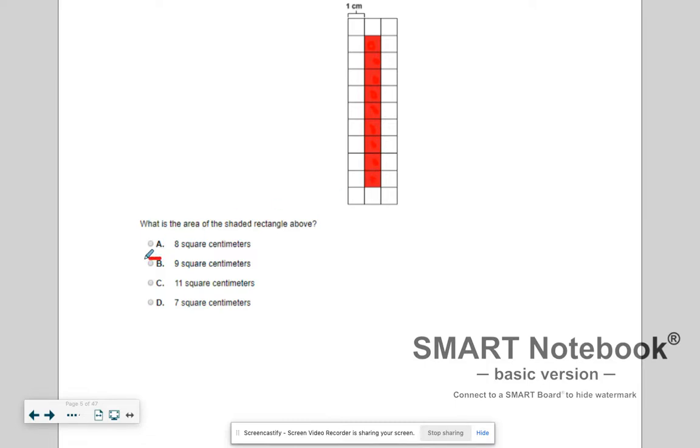So it should have been 9 square centimeters. And guys, it says square centimeters because look right here. So each square is worth 1 centimeter. So centimeters is going to be our label, and they are squares. So we have 9 square centimeters.